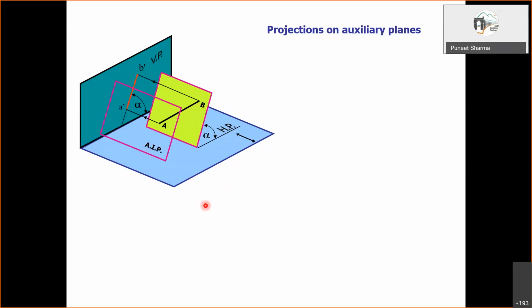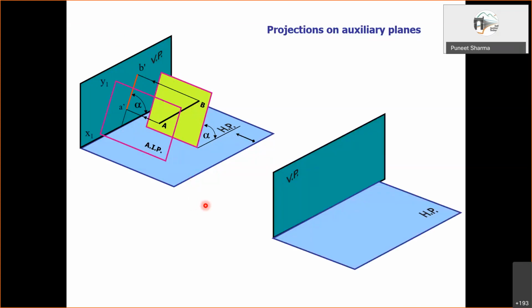So this is the added advantage we have with using the auxiliary planes for the case of projections of lines. Let us have a look at the other diagram also. Now this intersection of this AIP with the vertical plane can be termed as a new XY line, right?